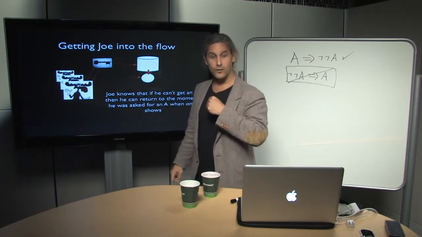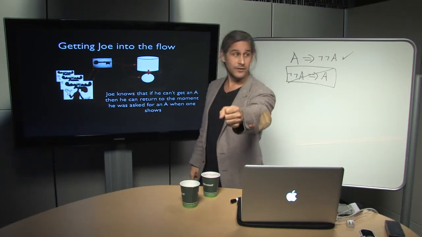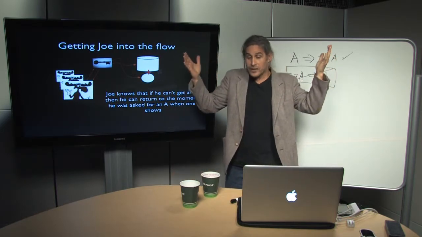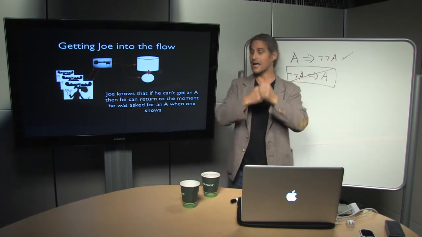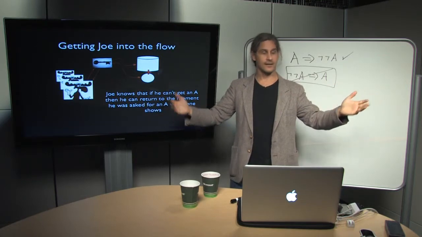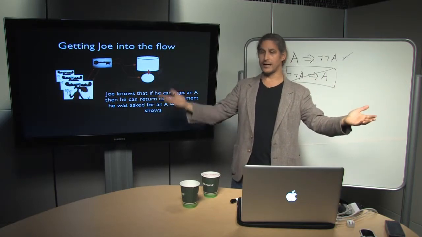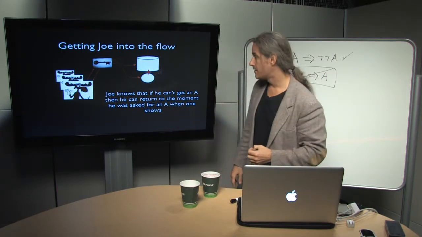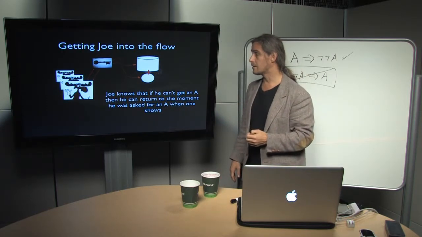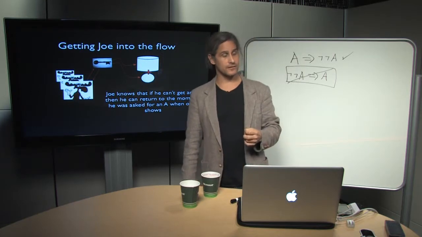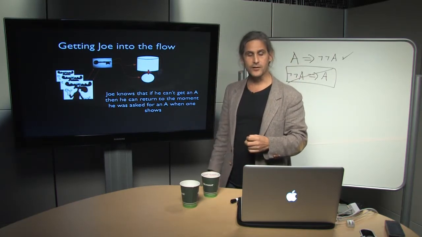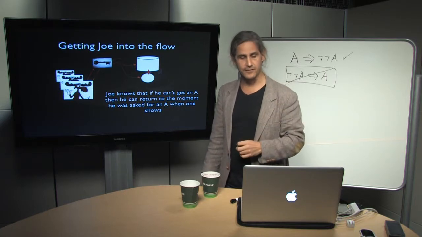So then Joe, with all confidence, says A, because Joe has an A. So no matter which branch Joe takes, Joe is absolutely safe. Not A or A. And that's the classical interpretation of what's called the law of excluded middle. And that's the continuation interpretation of the classical law of excluded middle.